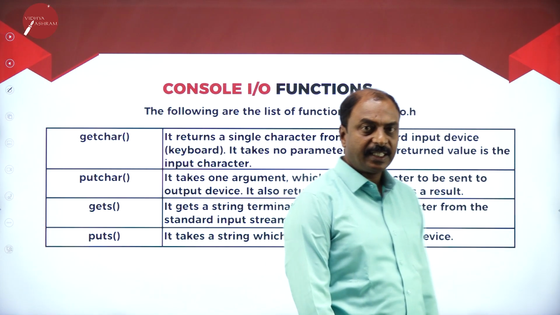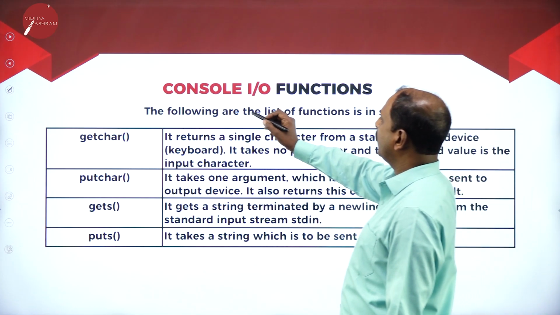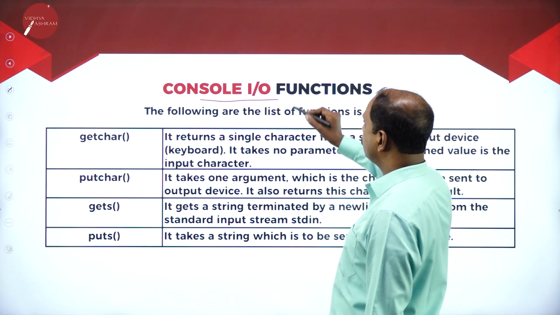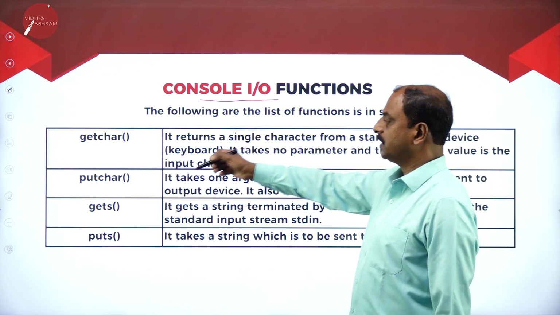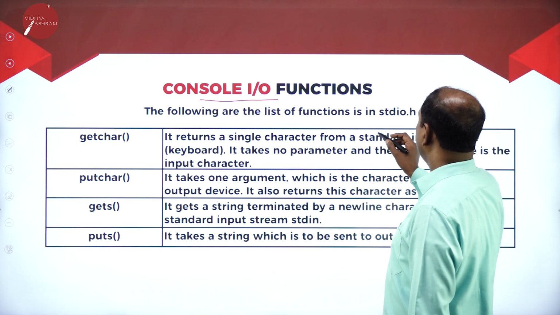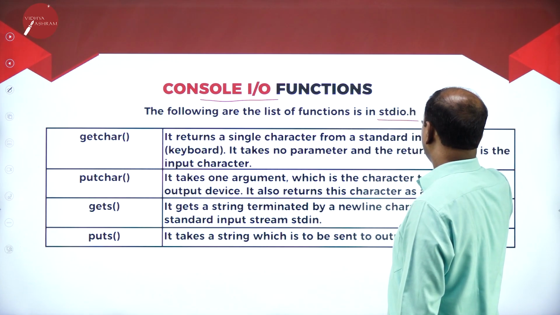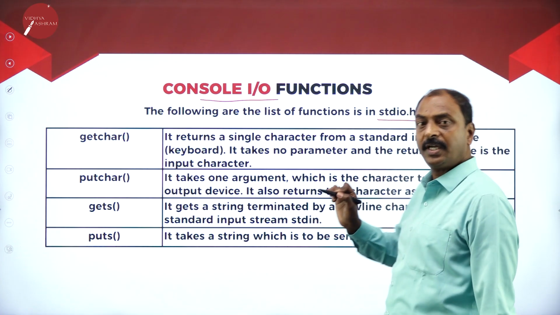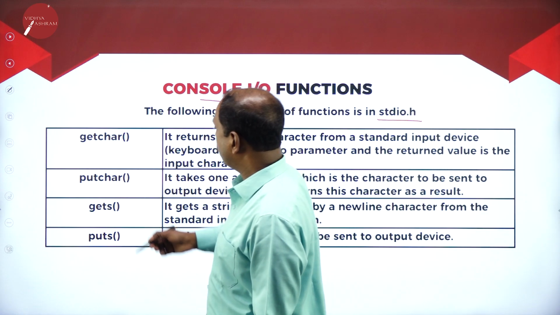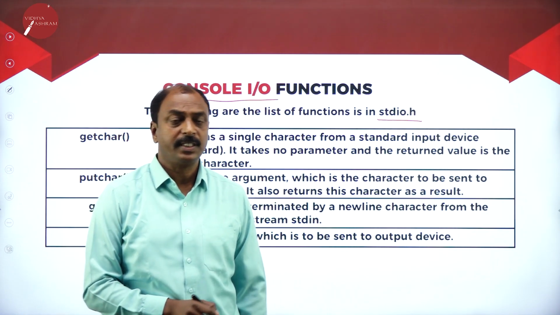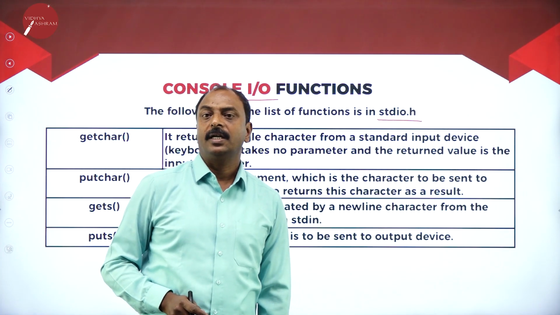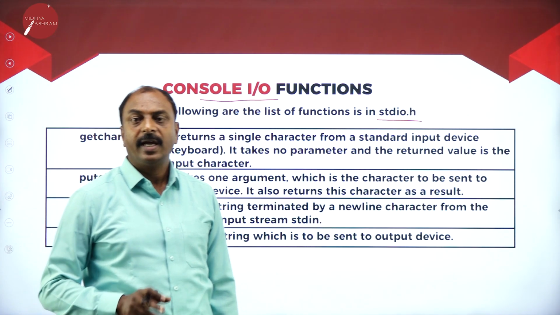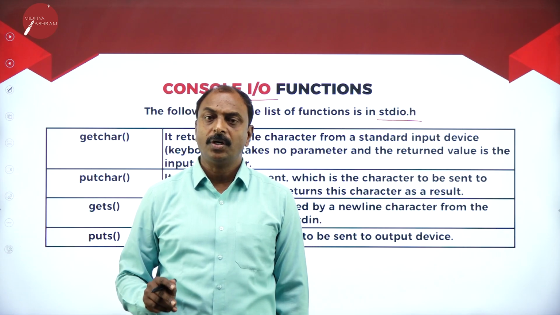Now, in the next slide, we have console IO functions. IO stands for input-output functions. Few functions are available here, and they come under the header file stdio.h. If you want to make use of any console IO functions, we have to include stdio.h, that is, under the linker section, we have to write #include stdio.h.